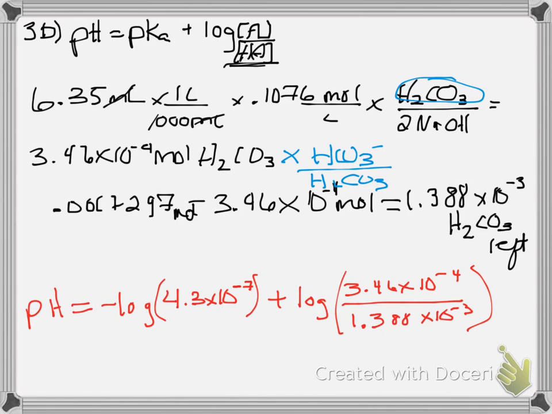Okay, so what we end up with is that the pH equals 6.366 is what the calculator says for the pKa, plus the other logarithm there is negative 0.6089, so I take those two together and I get a pH of 5.76.